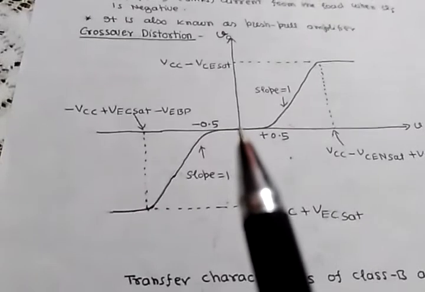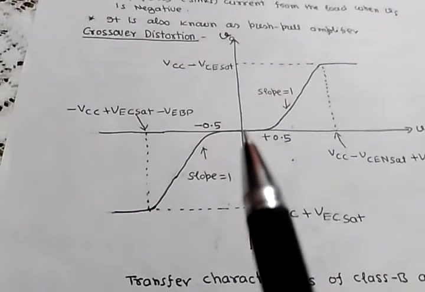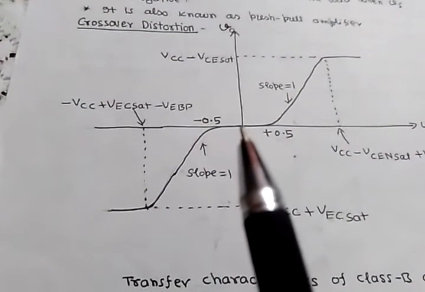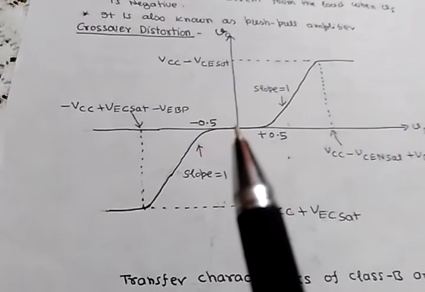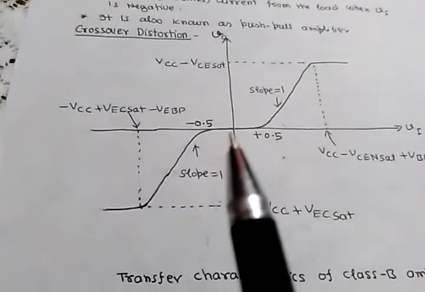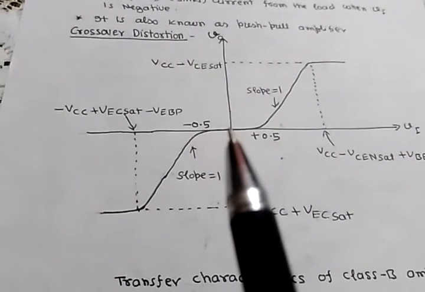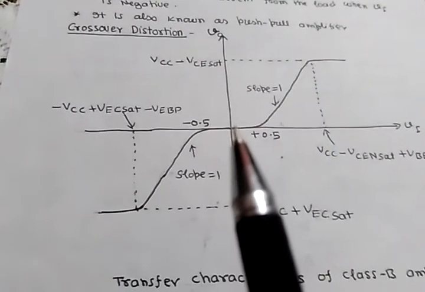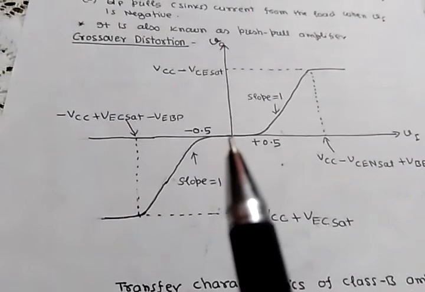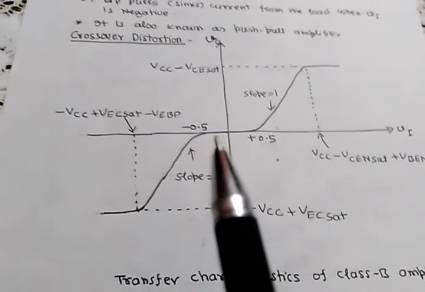When the input signal crosses the zero level and the magnitude of the input signal is less than 0.5 volt, we will not get output. It will create unpleasant sound if we use this as an audio amplifier.